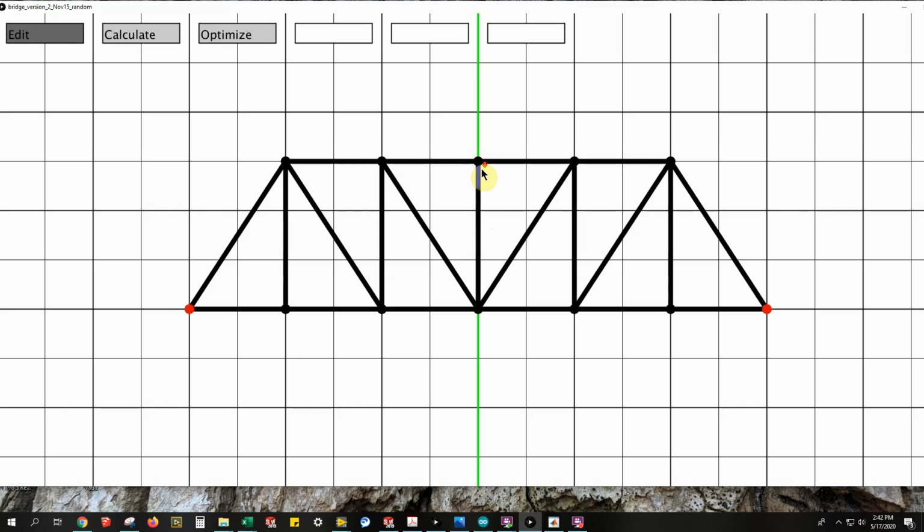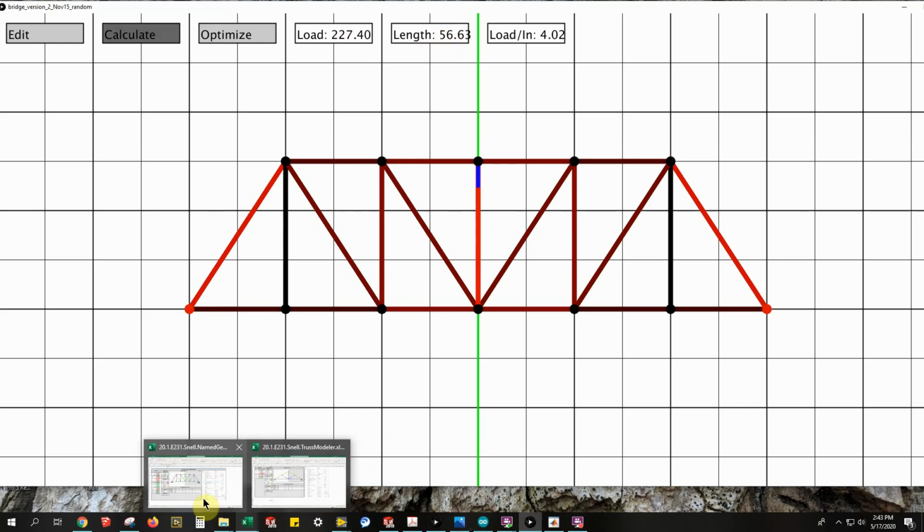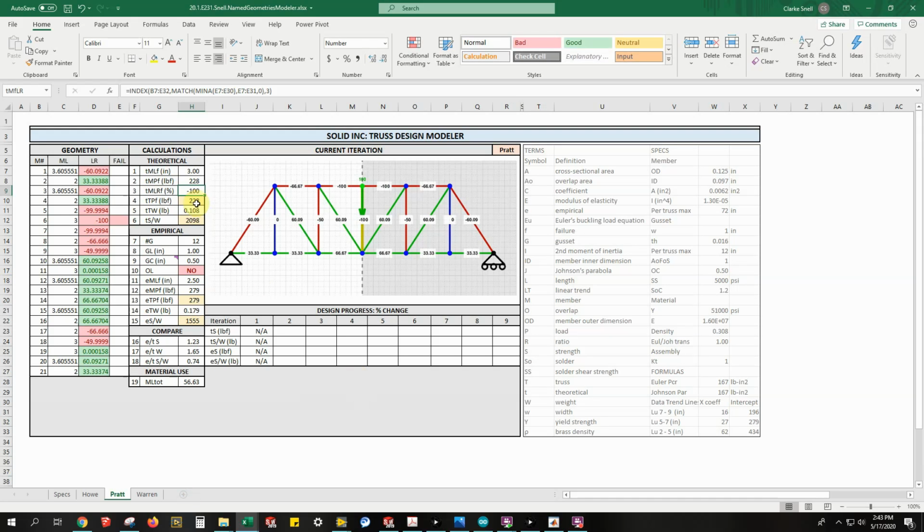I have to apply a load, then I calculate, and he's saying that this static Pratt truss will fail at 227 pounds and has 56.63 inches of member length. If we go and look at my analyzer, we see we have 228 pounds, also 56.63. This data came from a Truss Analyzer, so it's with my own calculations.